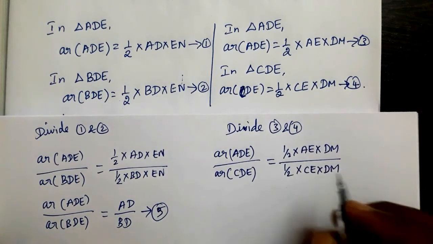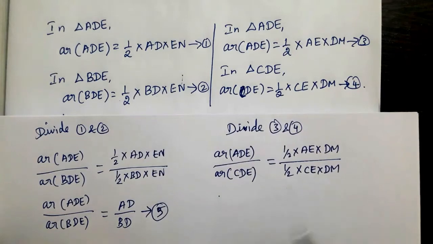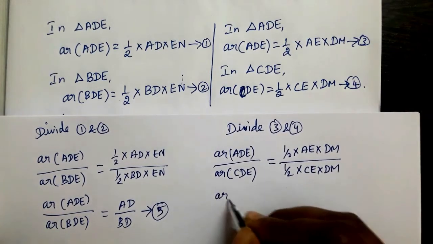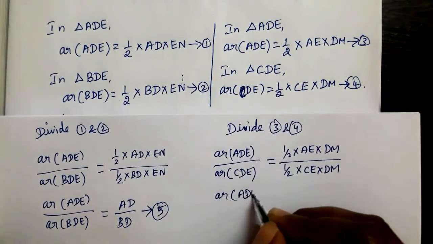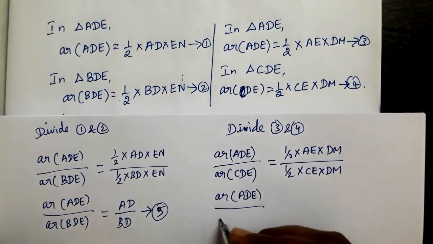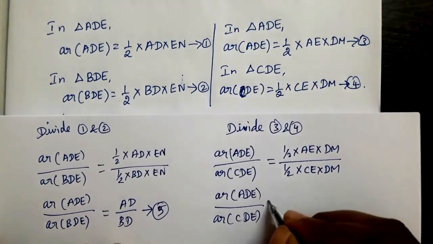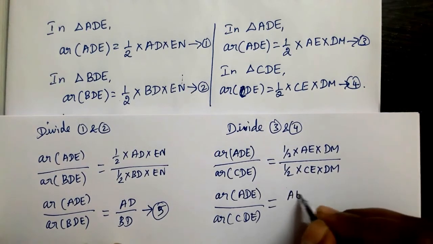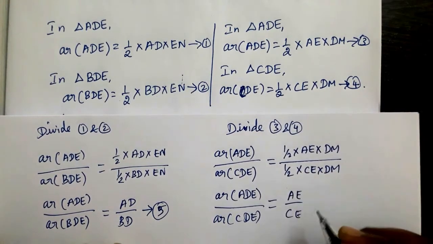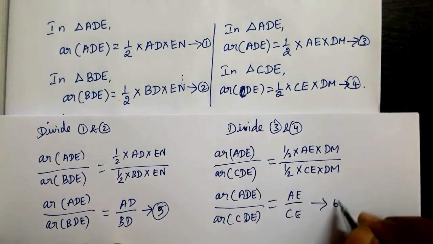Here half and DM cancel, and we get AE by CE. So area of ADE divided by area of CDE equals AE divided by CE. This is equation number 6.